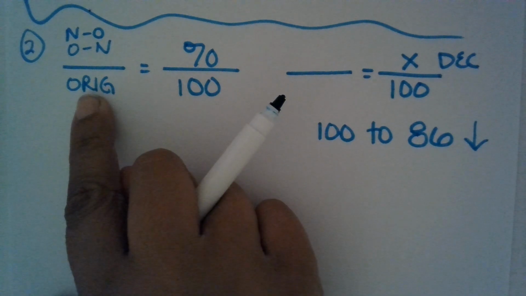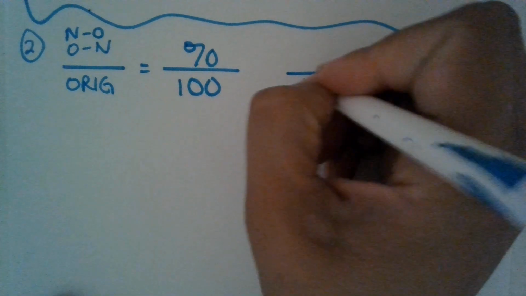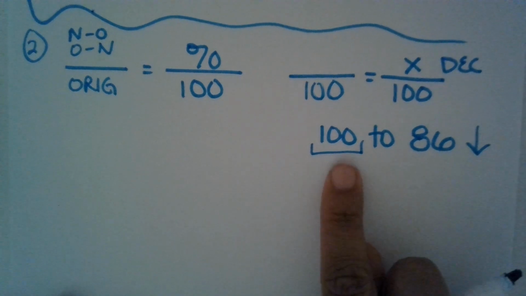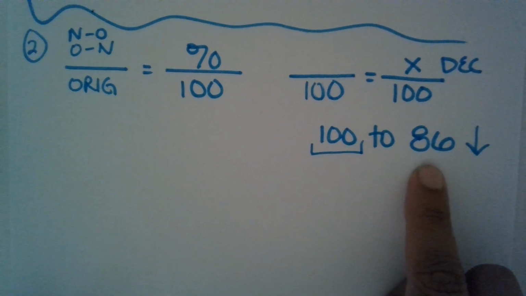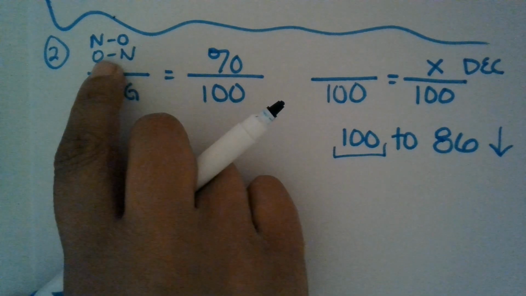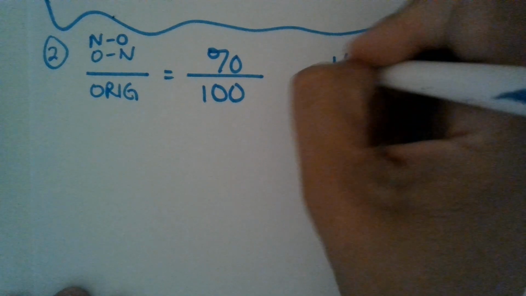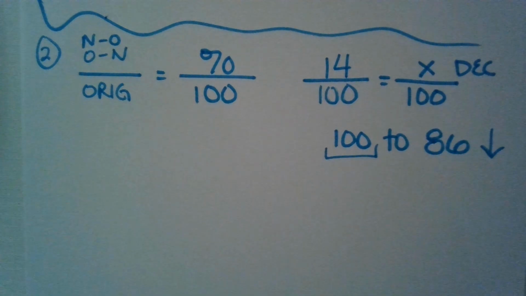Now, original number. Well, I started with 100. But I went from 100 down to 86. So I would need to do your old minus your new. So 100 minus 86. Well, you actually get 14.